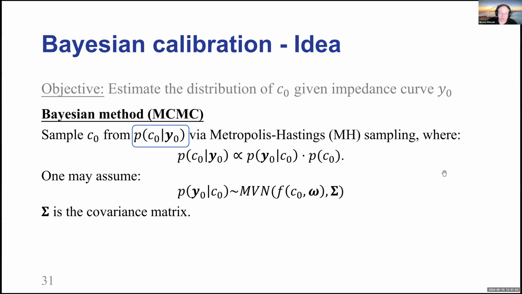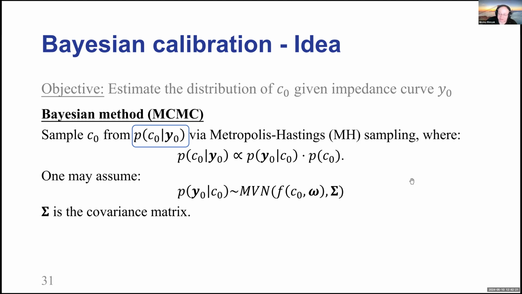Suppose first that there are no unknown parameters in our statistical model, like everything is known except this concentration C0. The way to think of this is the following. Nature chooses the value of C0, but this is not known to the statistician. Then nature runs the experiment with this biosensor, and this produces the vector of response values Y0.